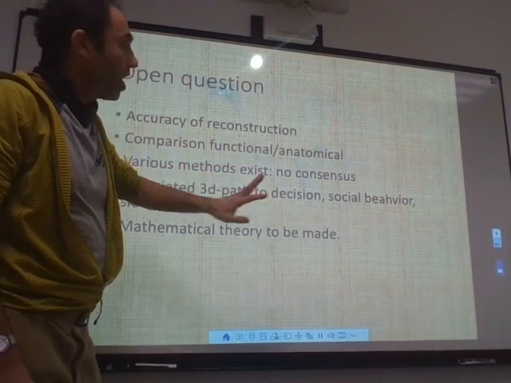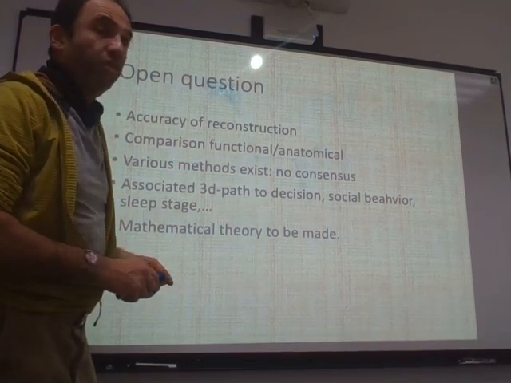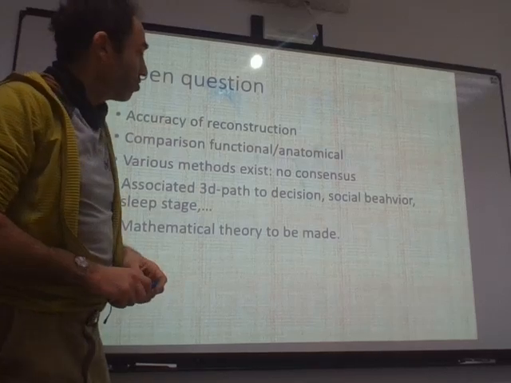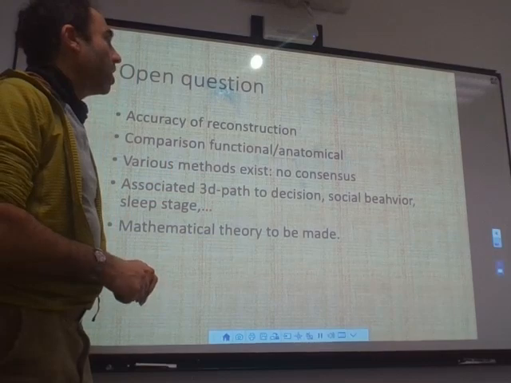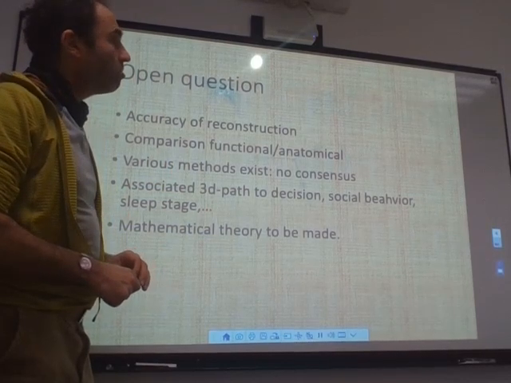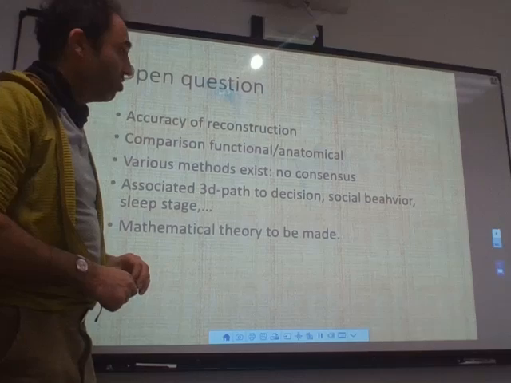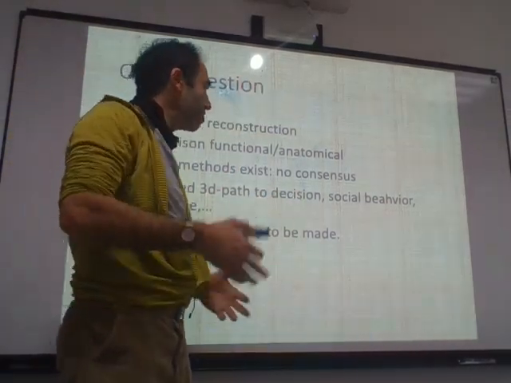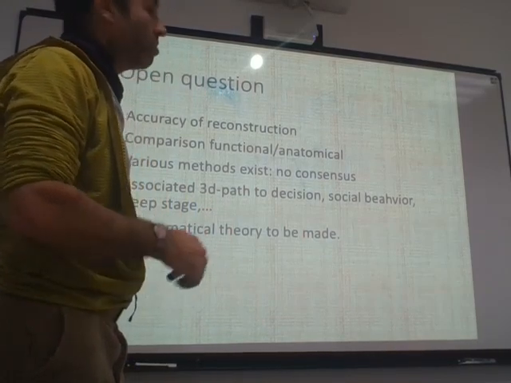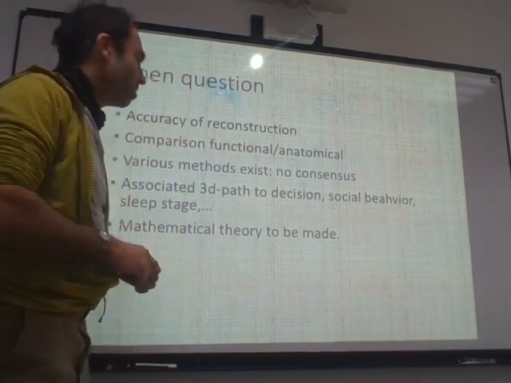For the astrocyte, I think we are the first ones. This was the first reconstruction we have. There are many methods on neurons. There is no general consensus about which one is better. I mean, you can see sometimes there's improvement in one, in the other, depending on the context.